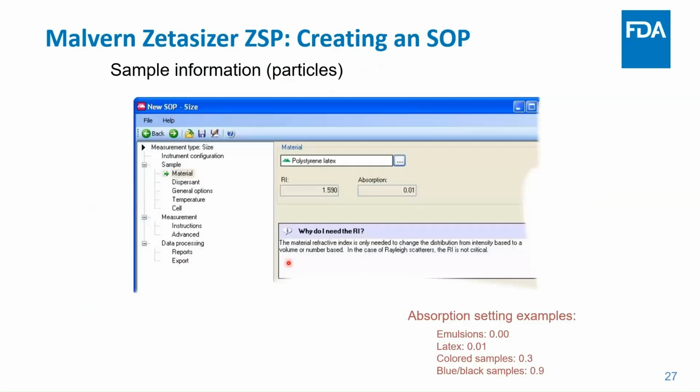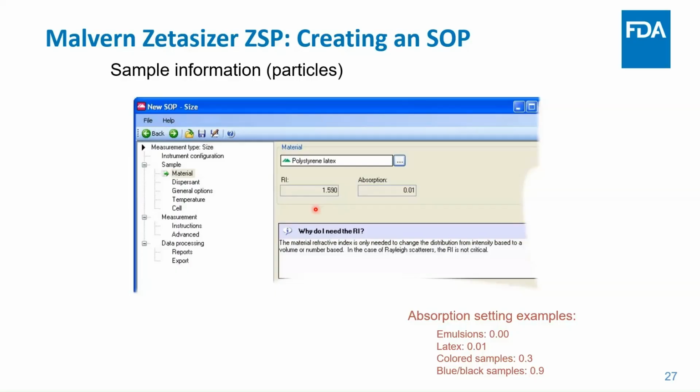So the first thing is sample information. And so I know I said before, refractive index of the analyte, you don't need to know it. And that's true. In order to get an intensity-based Z average size from the translational diffusion coefficient measured by DLS, you don't need to know anything about your sample.